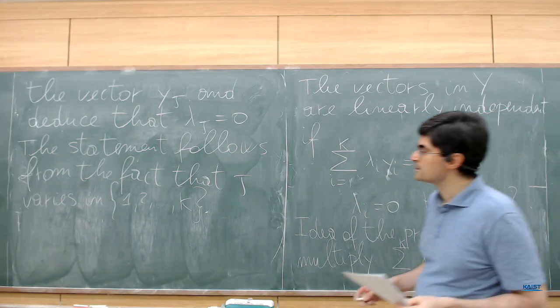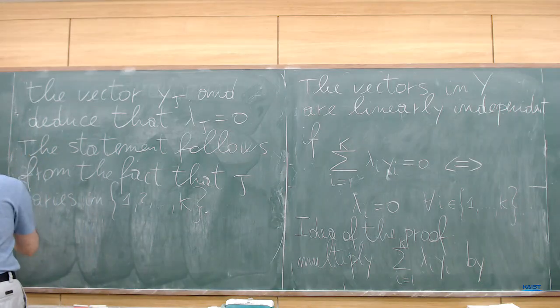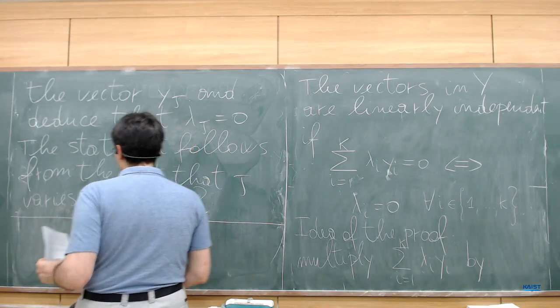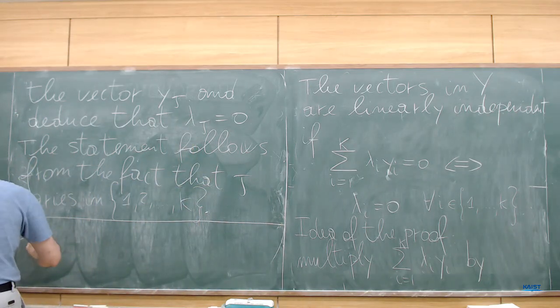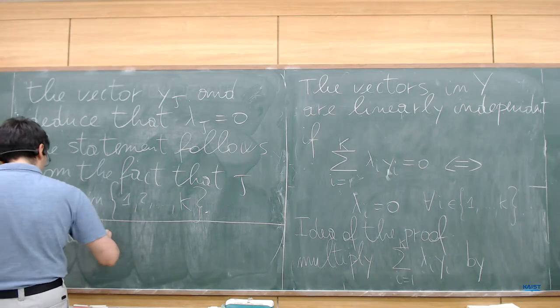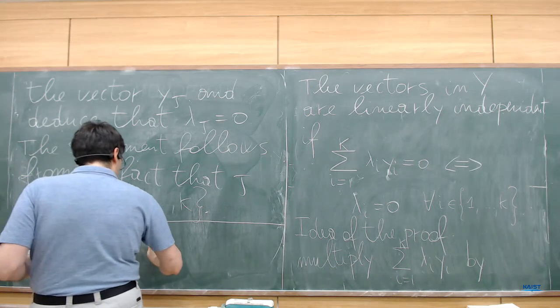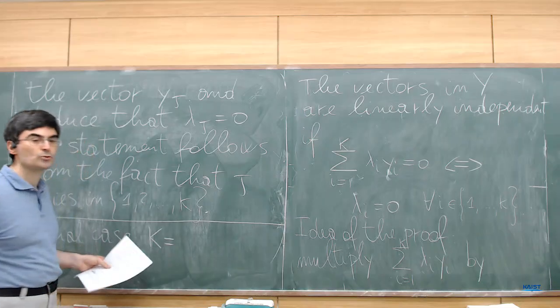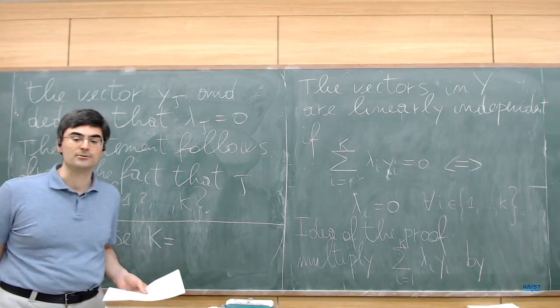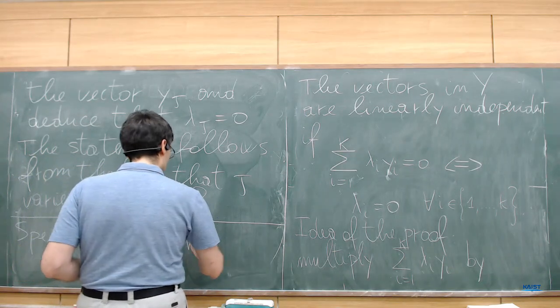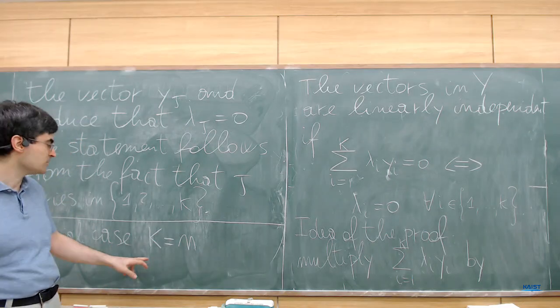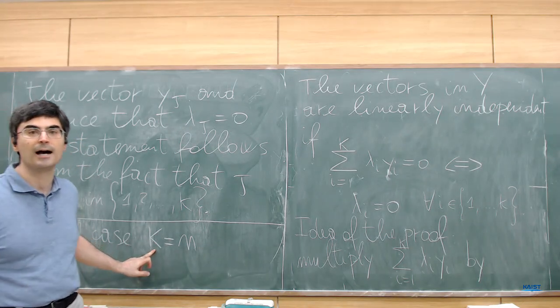Okay, what happens now if the number of vectors coincides with the dimension of the space we are considering? Do you remember we are considering k vectors in Rn?